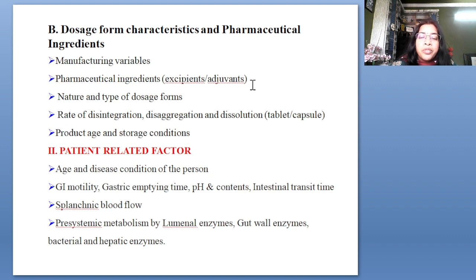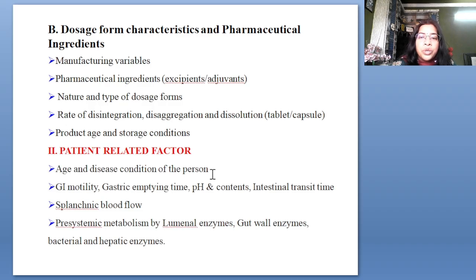Then the nature and type of dosage form will also, as you know, the semi-solid dosage form, then liquid dosage form. As the dosage form becomes diluted, it becomes more available for absorption. Patient-related factor: age is a factor because in case of infants or neonates, the surface area is less for absorption.